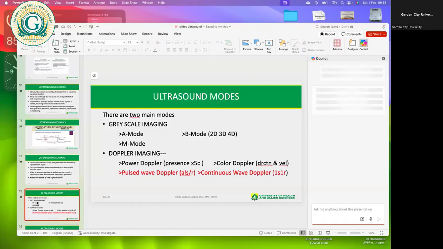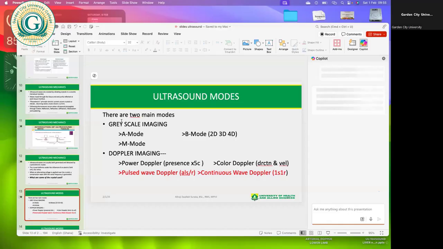There are various ways for you to visualize. The two main ways are the grayscale imaging and the Doppler imaging modes. The grayscale imaging mode also has subcomponents or subunits of image interpretation.